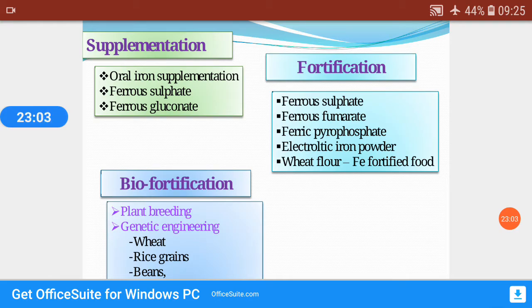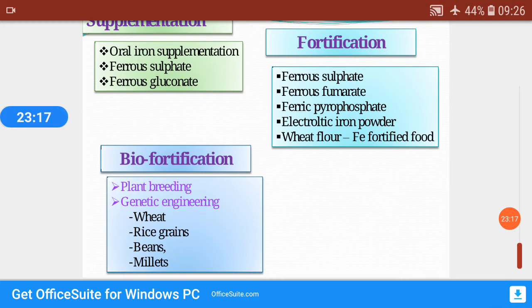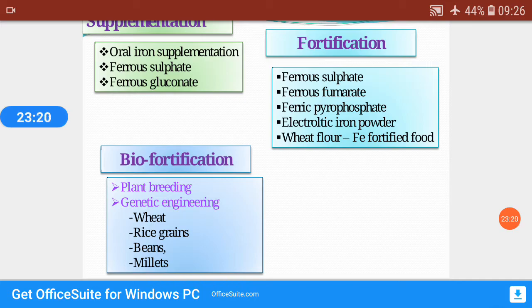So if an excessive amount of iron is present, they fortify it in a process wherein the iron absorption will be reduced. And one more process is biofortification, which is a type of plant breeding or genetic engineering.